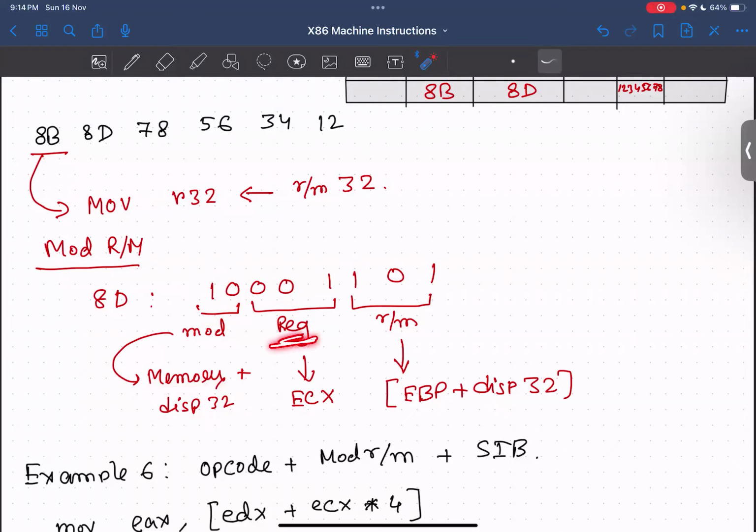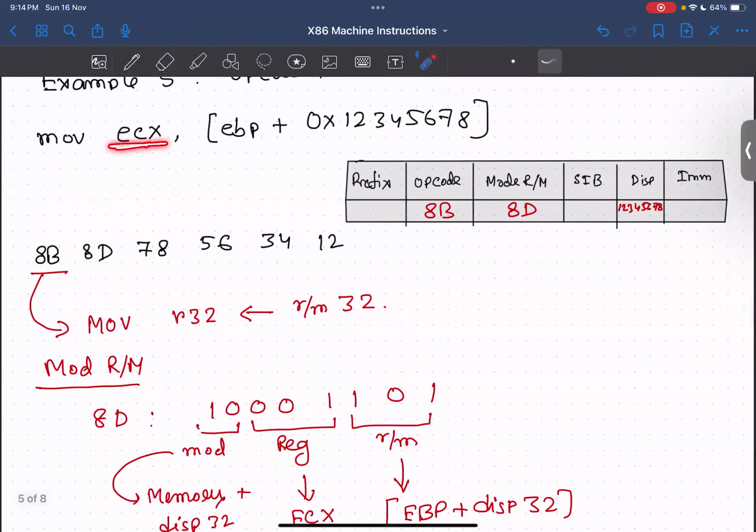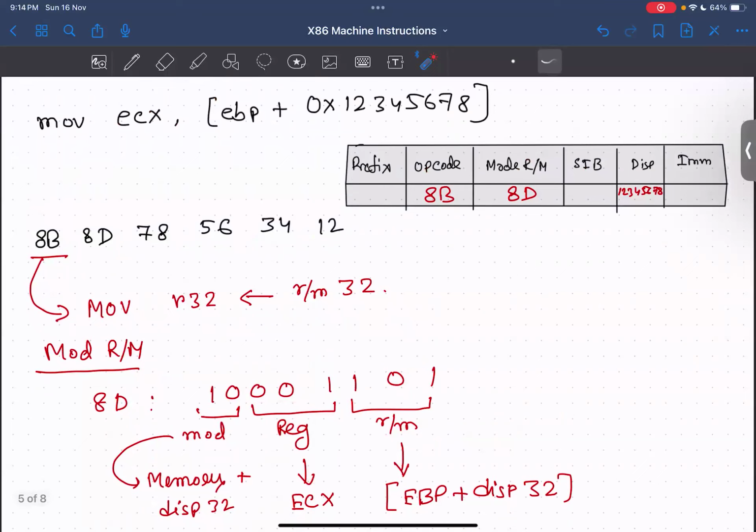And this reg field says the destination register, and from this configuration we know it's the ECX register. See, we have ECX here. And then for the source configuration, we already know there should be a displacement 32, and the value we also know. Let's look at the base registers. With 101, the base register is EBP. Now we know what we are trying to do. We are trying to get the value of EBP, add some displacement, and then we have a memory address. Whatever value that memory address holds, we're just moving it to ECX, right?